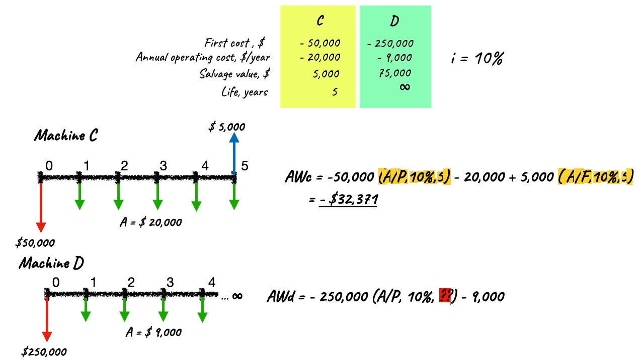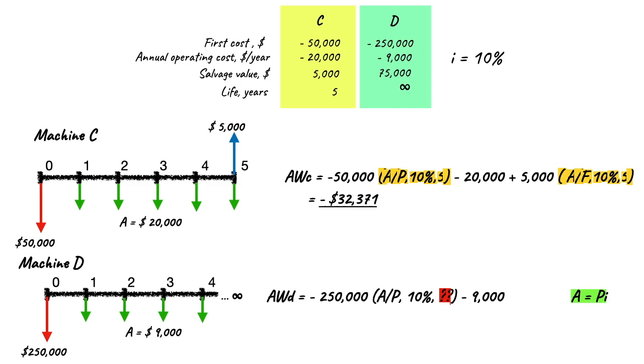So remember from my previous slide or from the previous video, we already stated that we can modify the capitalized cost equation to become annual series is equivalent to P multiplied with i. So we are going to use this equation to find our equivalent annual series for the initial investment.